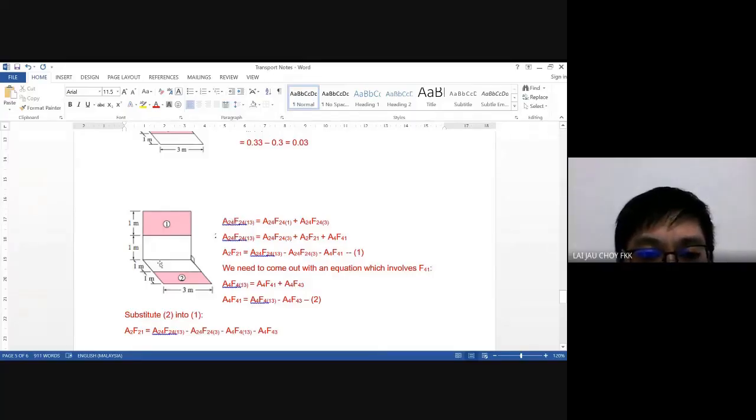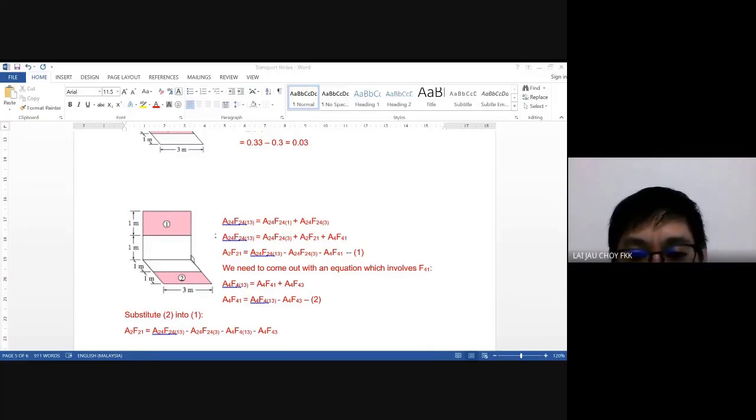A24 is the big surface. So F2413, from big to big: A24 F2413 equals A24 F241 plus A24 F243.